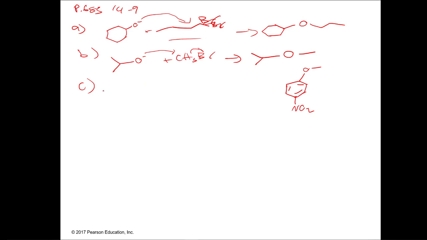So we know that we have to start with this guy. For some of these we could probably switch. This could be the alkyl halide, and it'd probably be fine because it's secondary. But for the phenyl, it has to be phenoxide.